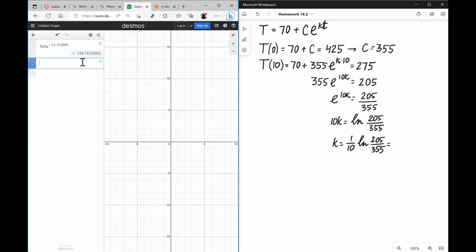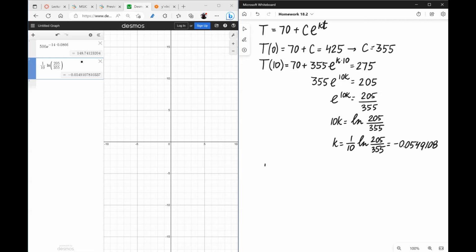Or we can use this exact value, and hopefully it will simplify to something nicer. But let me see. So approximately it will be negative 0.0549108. And now we have a formula, right?